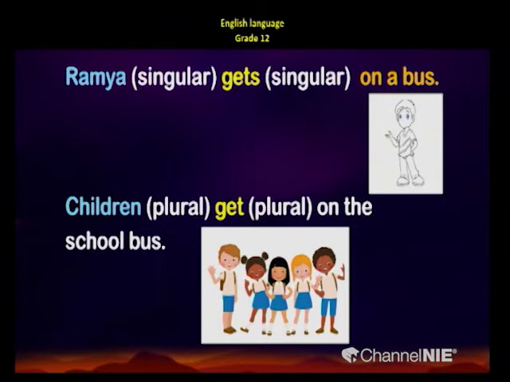Children get on the school bus. I think it's clear how you get this structure in simple present tense: subject, verb, object, where if the subject is singular, the verb should be singular. When the subject is plural, the verb should be plural.